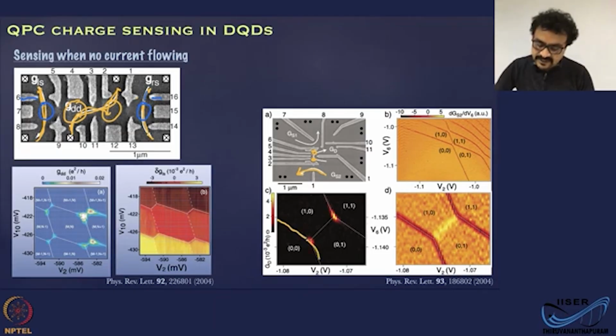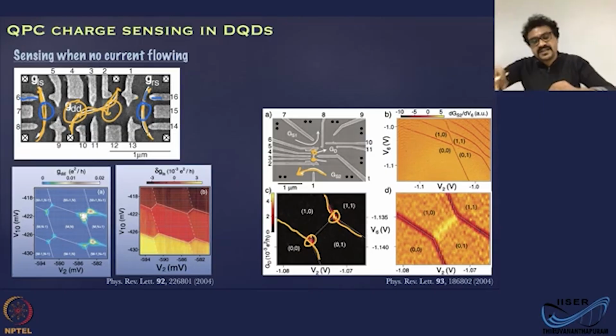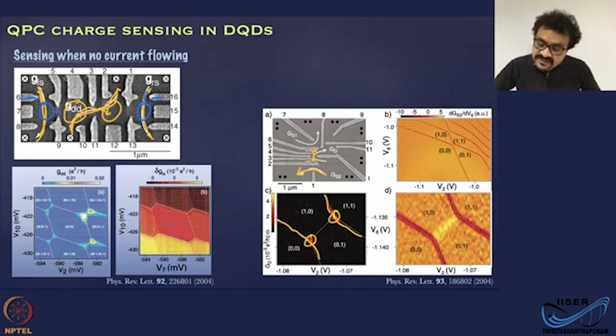Okay, and this is the last few electron configuration of the double dot, the direct current measurement, where you can get peaks only at the triple points, the points where three charge configurations match. They are degenerate. But this same set of information, the same data, you can obtain by using the charge sensing technique, by measuring the conductance of the channel here.